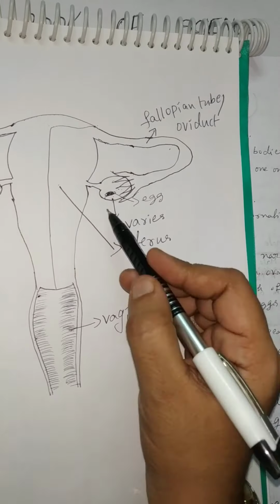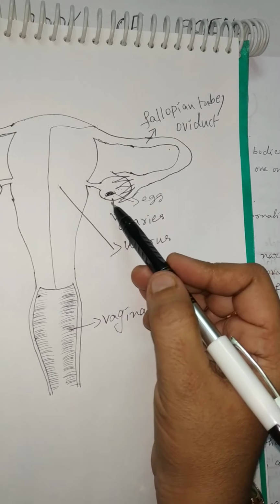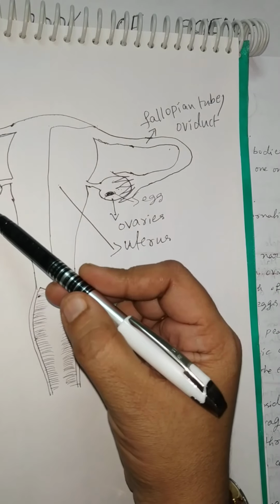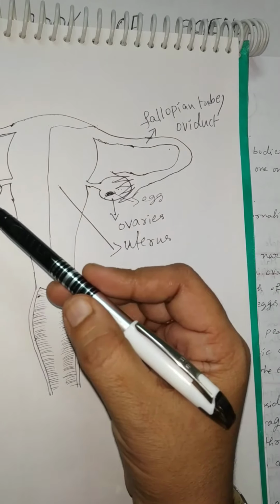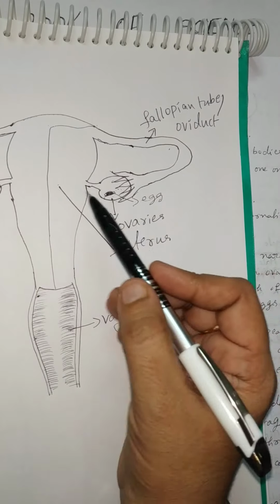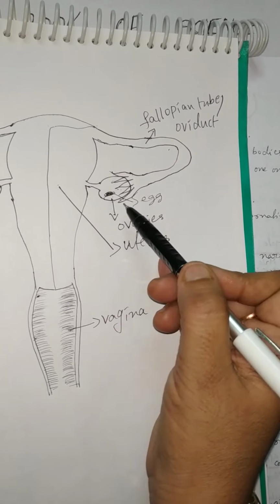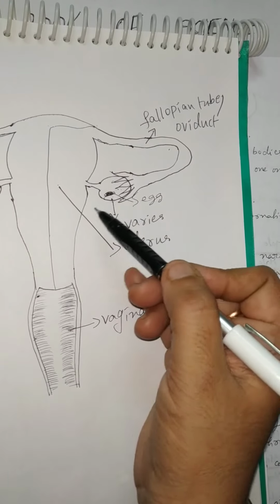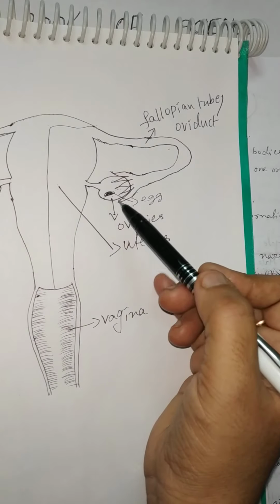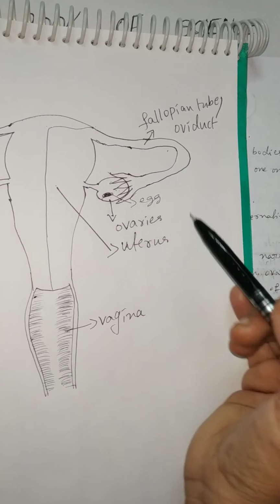If this month the right side ovary produces one egg, then next month the other ovary produces one egg. So they produce eggs alternately.